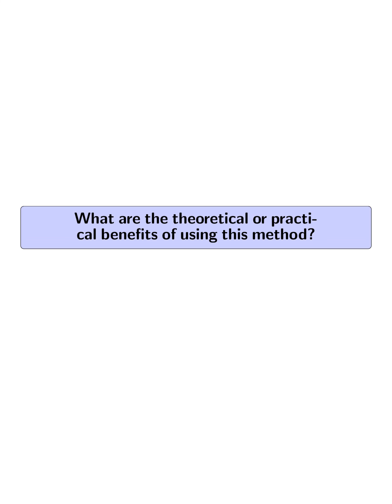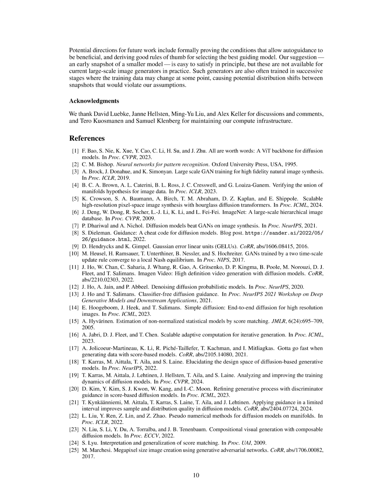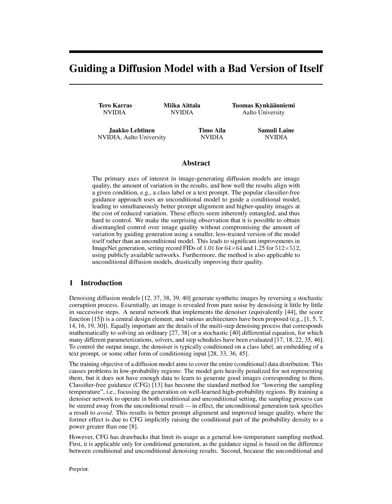What are the theoretical or practical benefits of using this method? The theoretical and practical benefits of using the proposed method, Auto, include improved image quality in image generation tasks. The method isolates the image quality improvement effect by guiding a high-quality model with a poor model suffering from specific degradations, such as low capacity and/or undertraining.